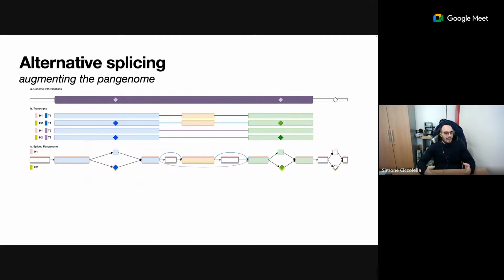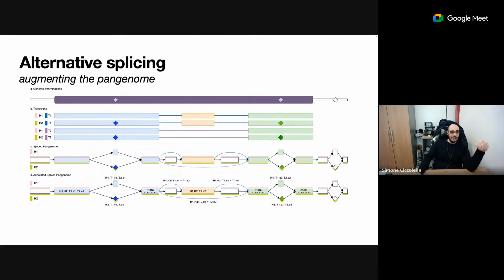And therefore, we have developed this technique that basically tries to transpose the linear information on a pangenome, and on top of the already present information, we can have additional information regarding these splicing events.